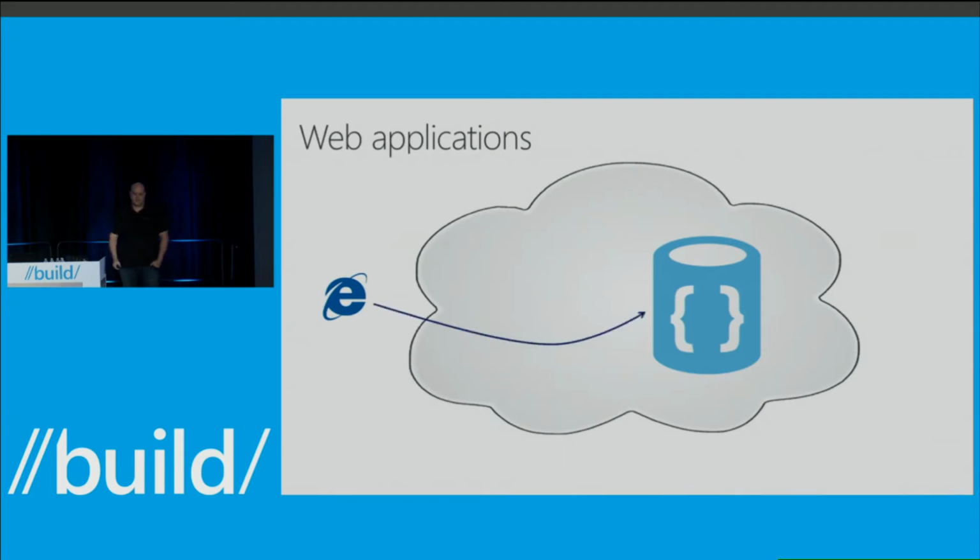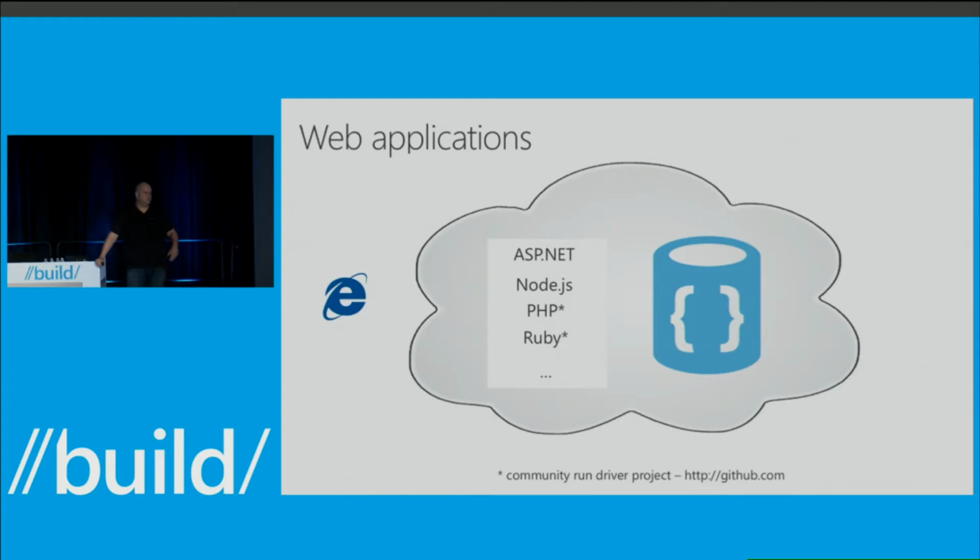All right. So this model here was your traditional kind of three-tier web application. You've got the web client, you've got a web server, and you've got a database, right? And how that web server or that web tier talks to the database is using this notion of a master key. Okay? That master key, who's used Azure Storage? Okay, a couple people.